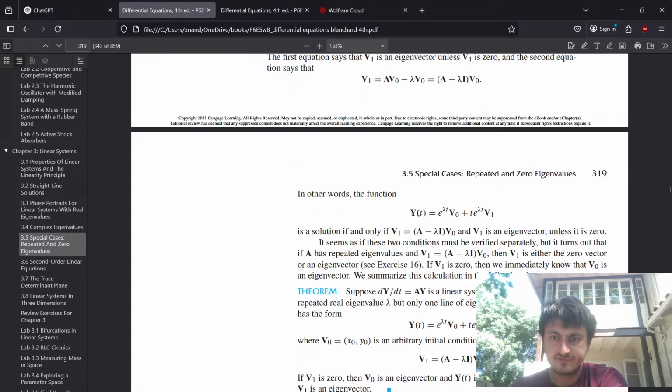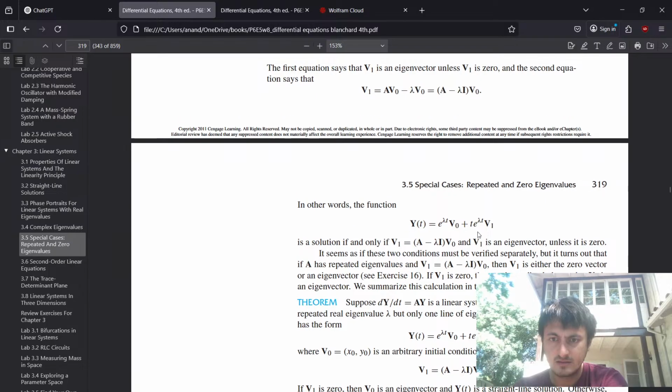Okay, so in other words, the function is a solution if and only if v1 equals A minus lambda I v0. This gives us a way to solve for v0.